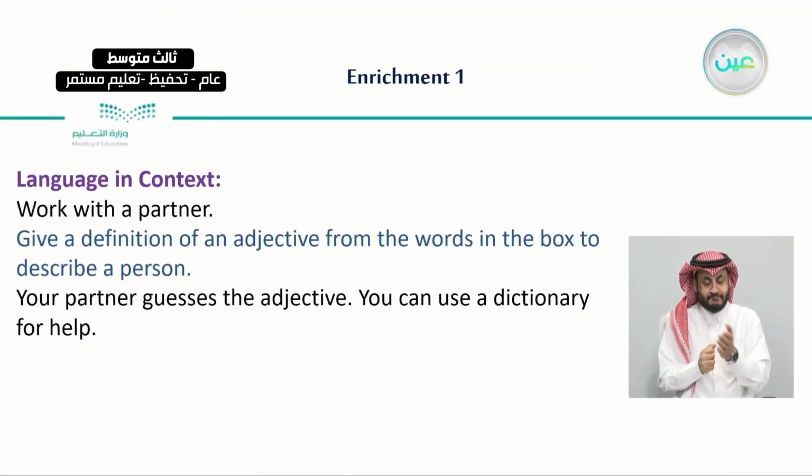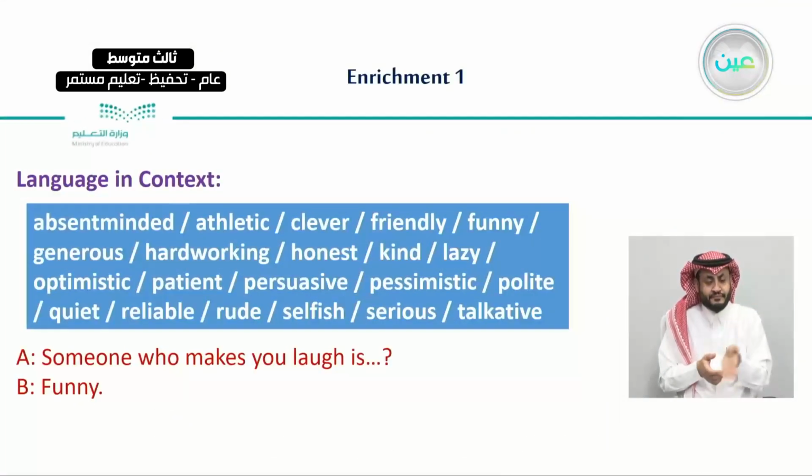And also, after the grammar, we went to the part on language in context. We talked about giving a definition of an adjective from the words that we can see in the box to describe a person. As you can see, we have learned their meaning, so we use them to describe people around us.